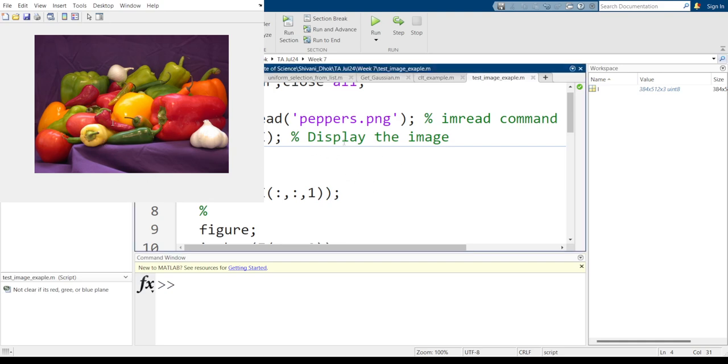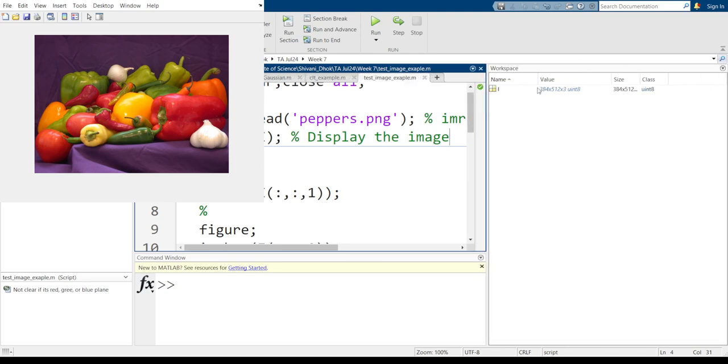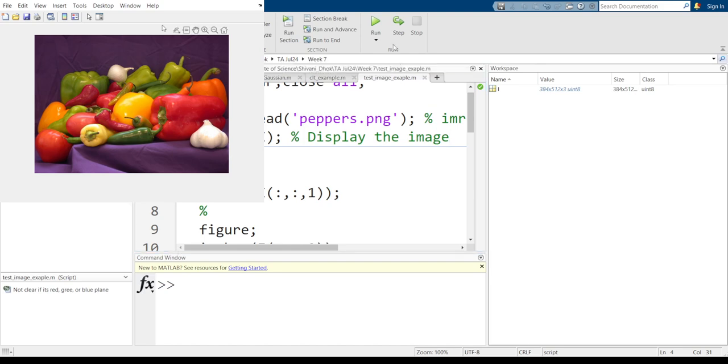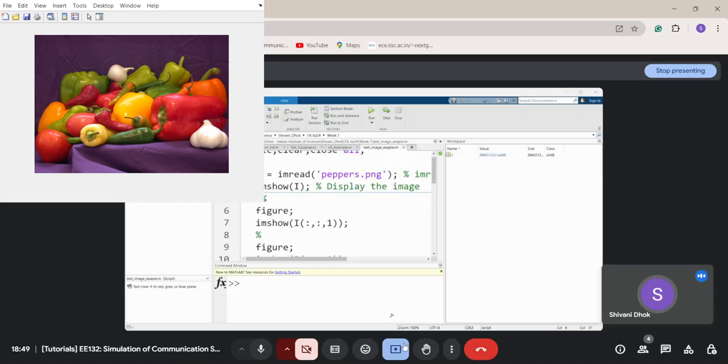Now if you observe carefully, this image that we have just loaded has a dimension of, oh sorry, just a minute.